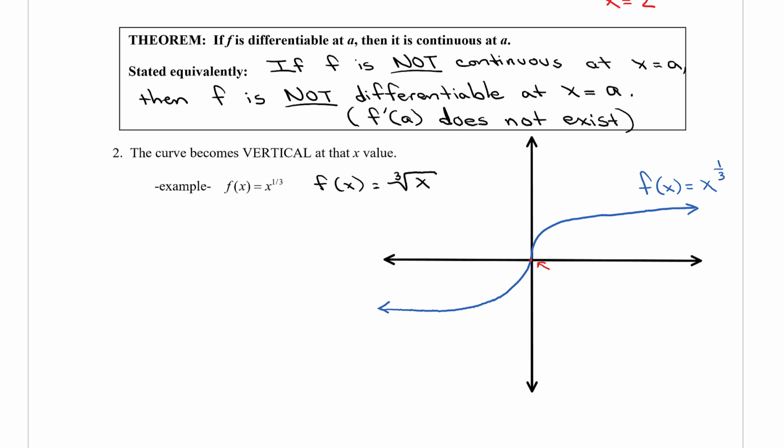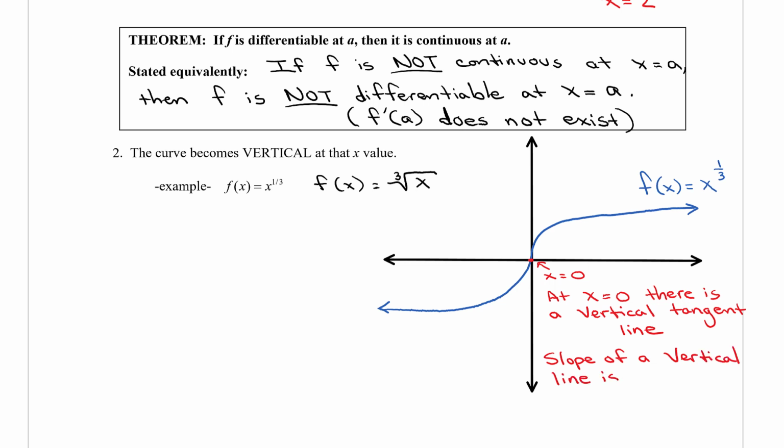So I've gone ahead and labeled my function f of x equals x raised to the 1/3 power. I have drawn a little red dot at x equal to 0 with an arrow pointing at it, and I have written there next to that value of x, at x equal to 0, there is a vertical tangent line, and the slope of a vertical line is undefined. I have drawn a dashed vertical line right on top of the y-axis at x equal to 0 to show where this function has a vertical tangent line.